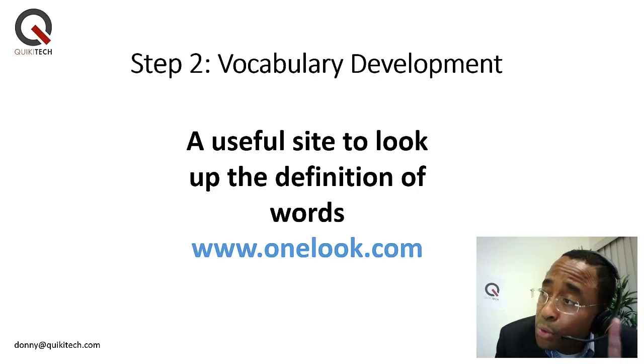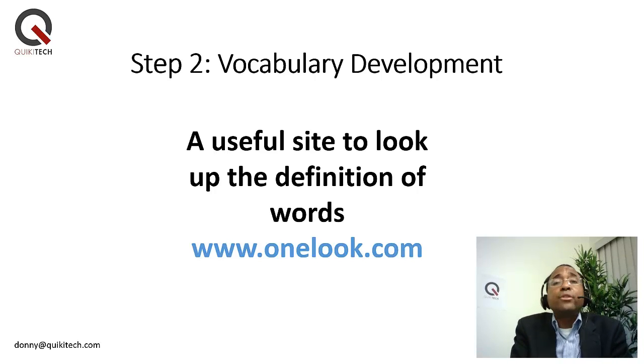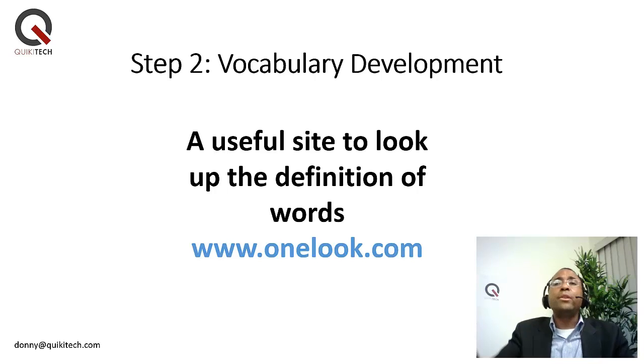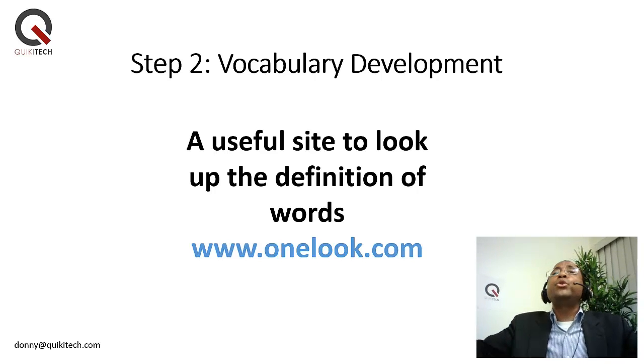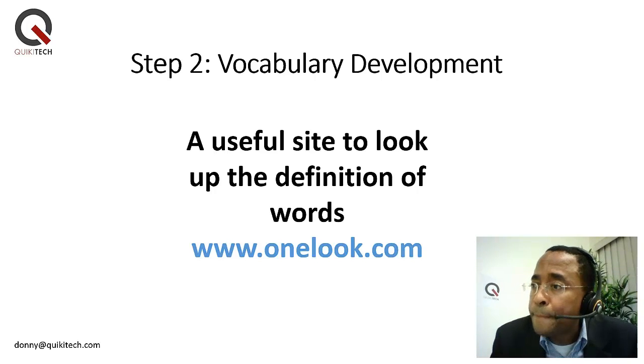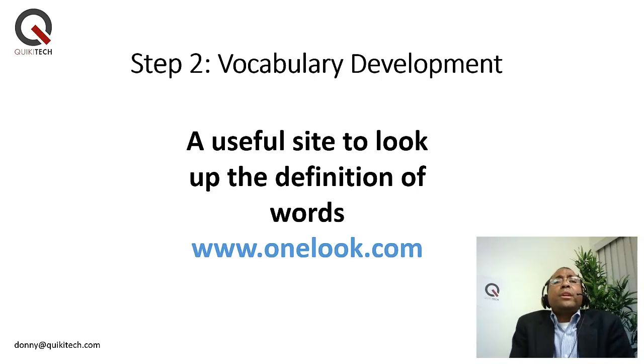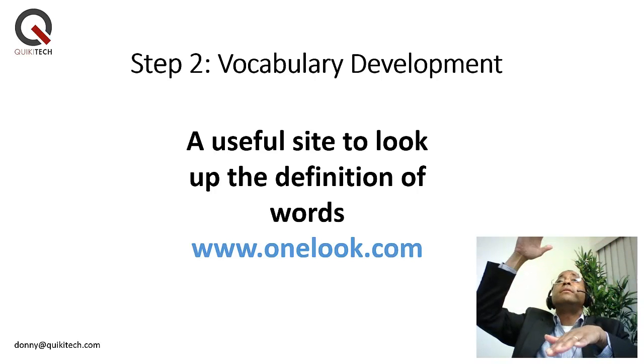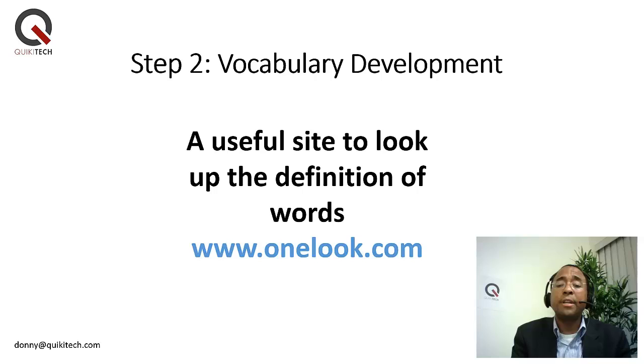Help your students use this website. Or they can just go to Google and type define word. So let's say the word is institution or government. They don't understand what government really is. And so you can type in define : government, and what will pop up is a definition.